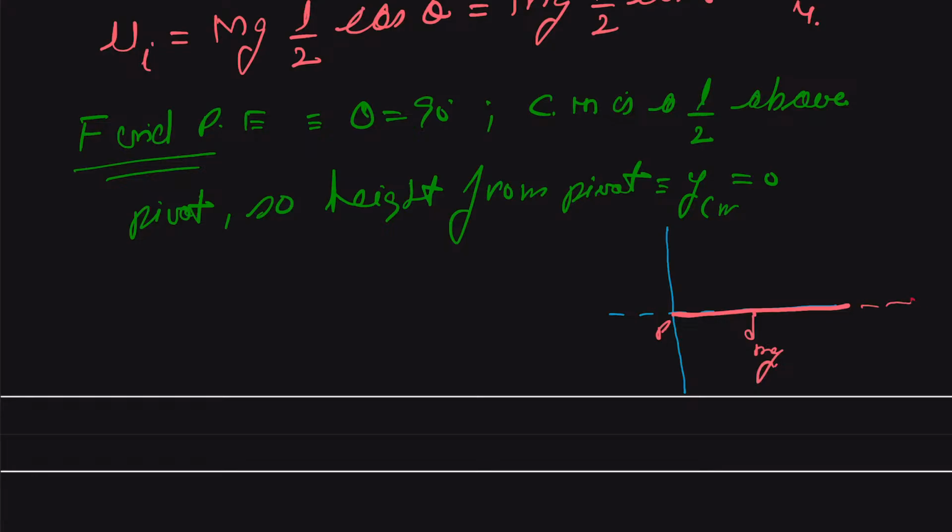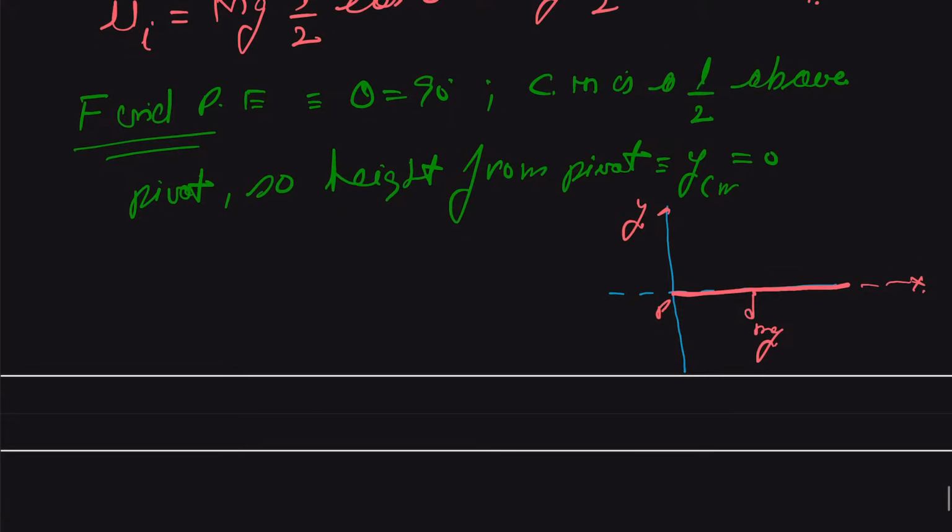We also assume this is our X and this is our Y. Therefore its final potential energy, UF, will be equal to 0.